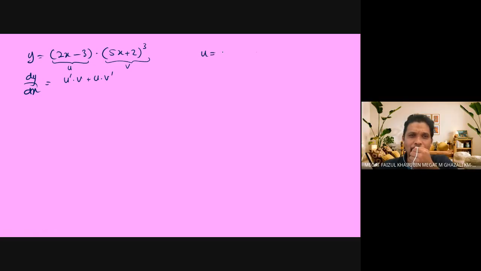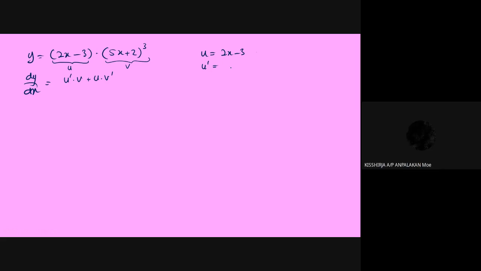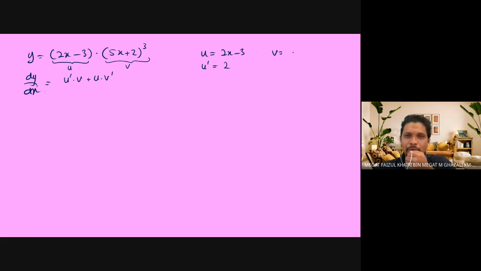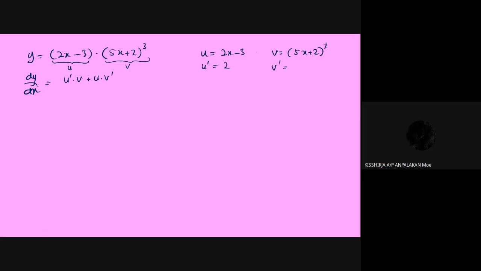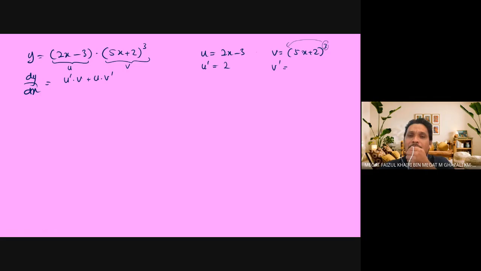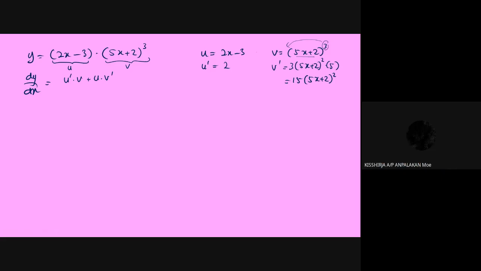So when u equals 2x minus 3, u prime equals 2, and v equals (5x plus 2) cubed, so v prime equals 15(5x plus 2) squared. Bring the 3 to the front, and 5x plus 2 to the power 3 minus 1 is 2, and the derivative of 5x plus 2 is 5, so 3 times 5 is 15. Agreed? Yes, that's what I said.